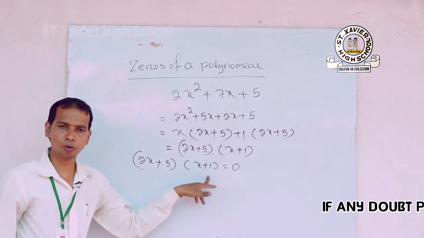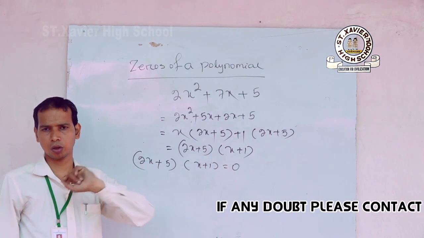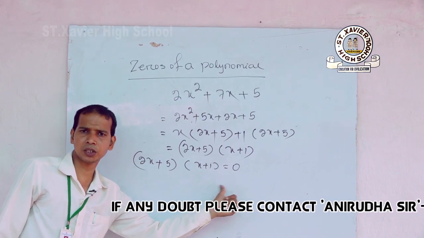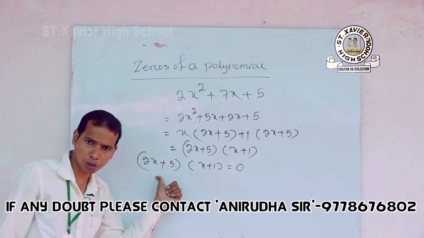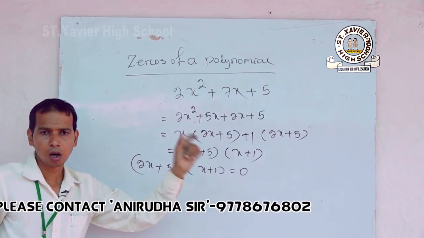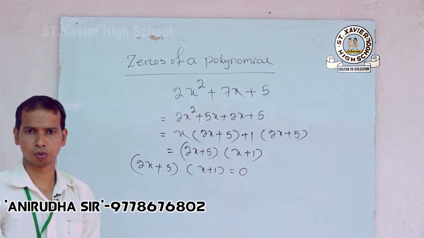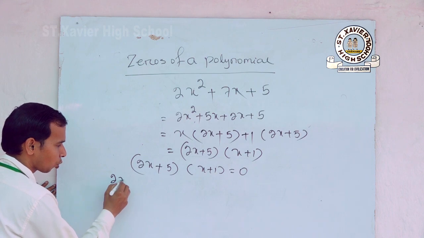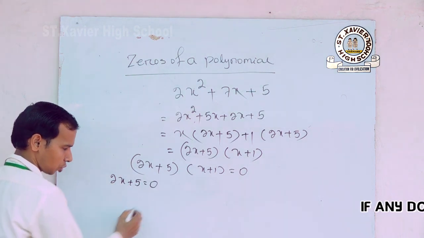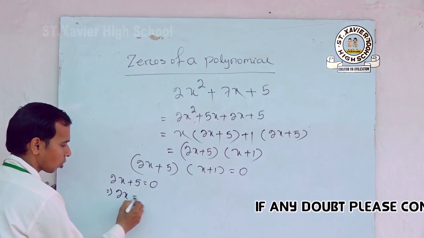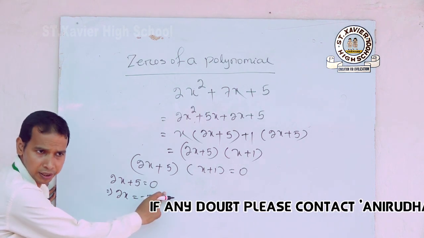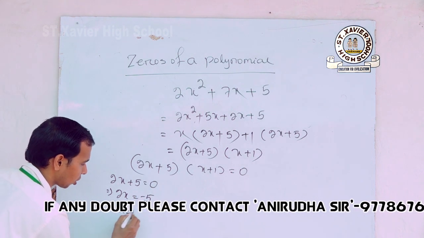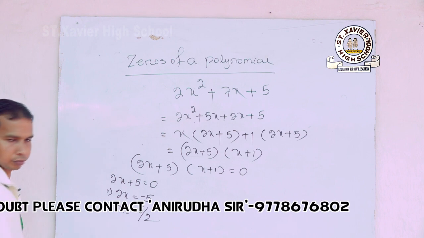The product of two terms is 0, so either the first one is 0 or the second one is 0 or both are 0. Any one is possible. Suppose 2x plus 5 equal to 0, then 2x equal to minus 5, and x equal to minus 5 by 2.